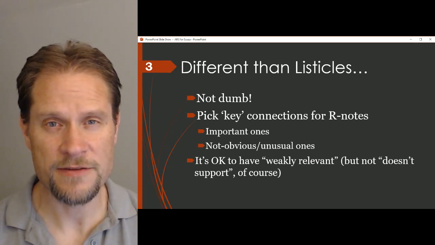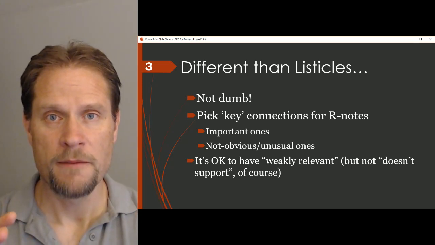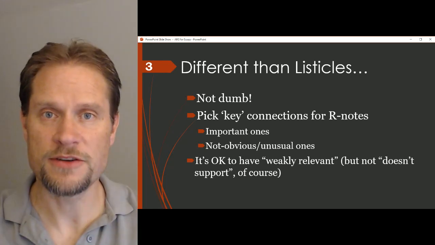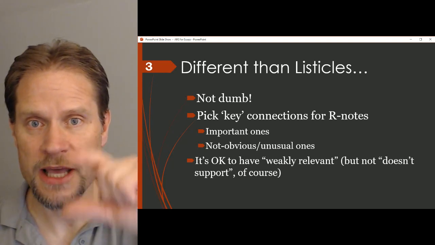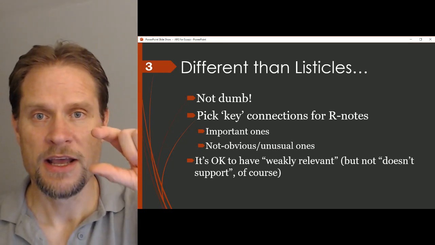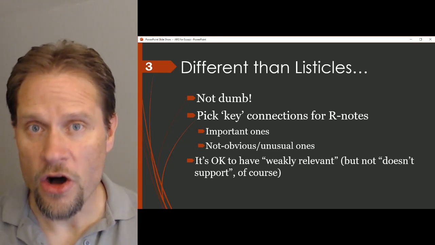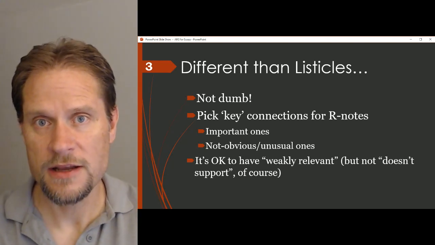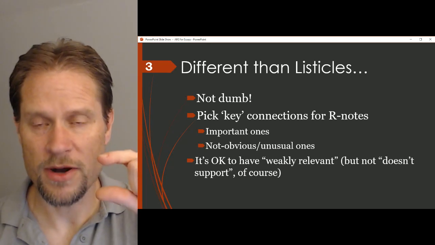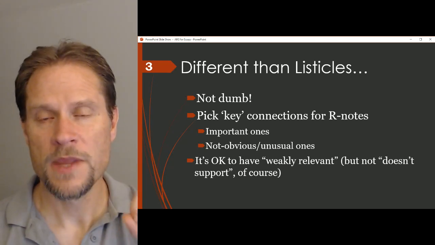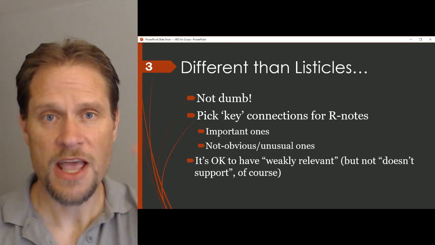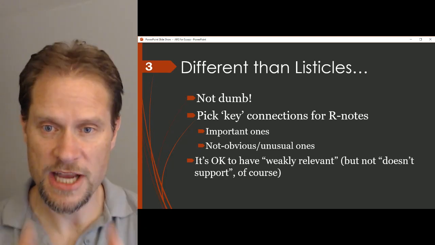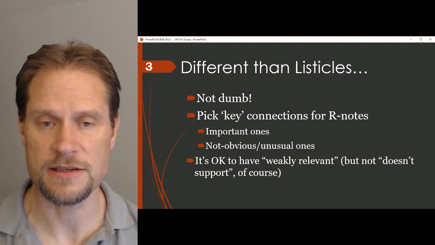So if you have a part of your map where you've got one key reason and the map just explodes underneath it, so the link between that and the box above it really has to carry all the weight of the big branches underneath it, then maybe we ought to evaluate that box explicitly and put an R note on it so that we can reassure ourselves this link is strong and it's going to be able to carry the weight of all that support, channel through it up into the thesis.